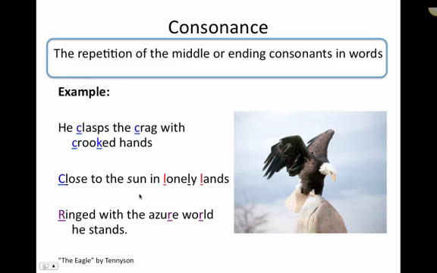I think we need to check this, because this is not a good example. He clasps the crag with crooked hands, close to the sun in lonely lands. Those are examples of alliteration, so we need to fix that. But over here where we have the azure world, that's an example of consonance because it's happening in the middle of the words.